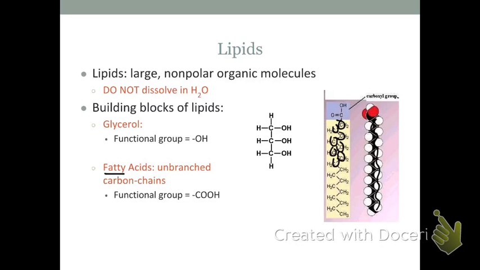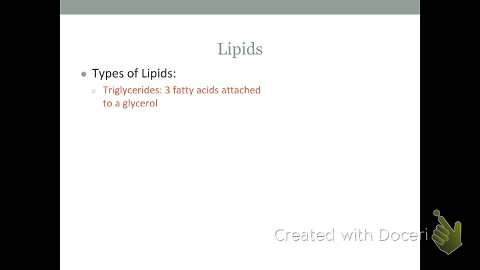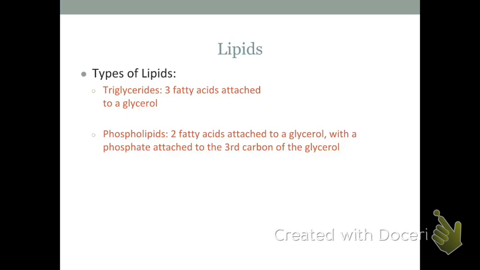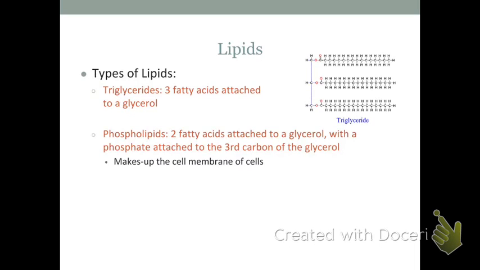So glycerol has 3 parking spots. Fatty acids are very long chains of carbon. So when we put them together, we get 2 different types of lipids. The first type we're going to talk about are called triglycerides. Here's our glycerol, this guy right here. 3 parking spots: 1, 2, 3.